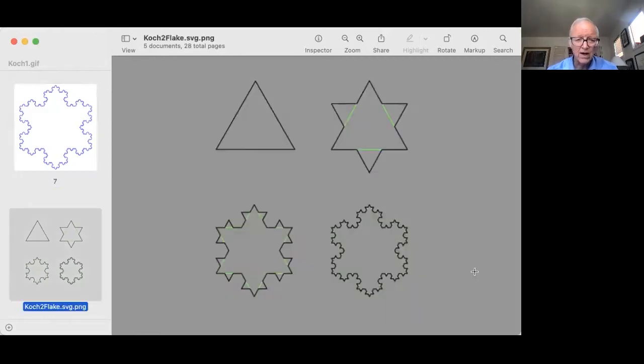So again, what we did was that we took this triangle, we removed the middle third of the three sides, we added a corner, and then we can continue to do that.